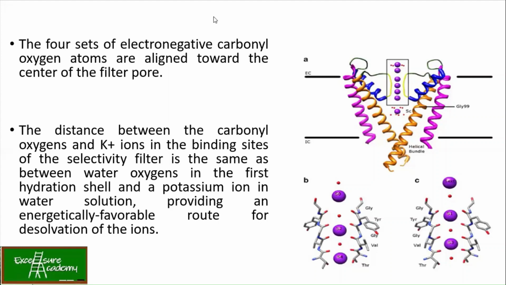As I said, it has to be so strong and at a nearby distance so that K plus के ऊपर जहाँ पे जो water molecules आ रहे हैं, those oxygens are replaced by the oxygens of the amino acids. Okay? And then only those interactions are possible.